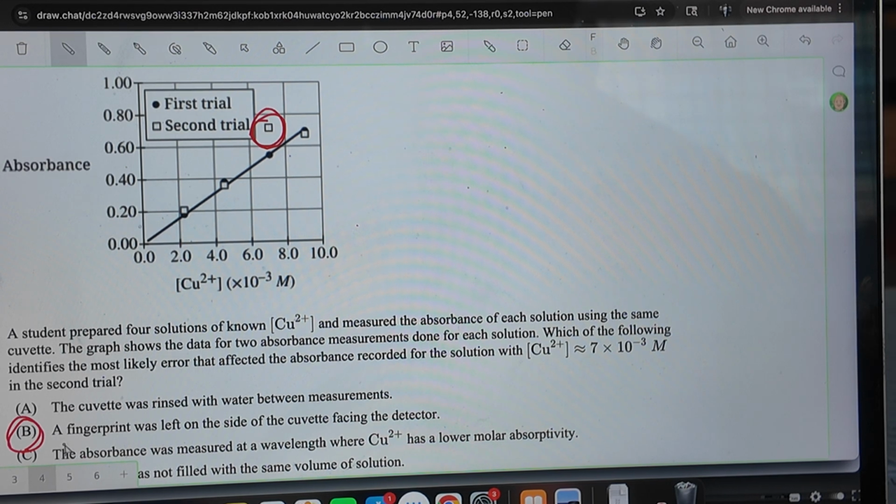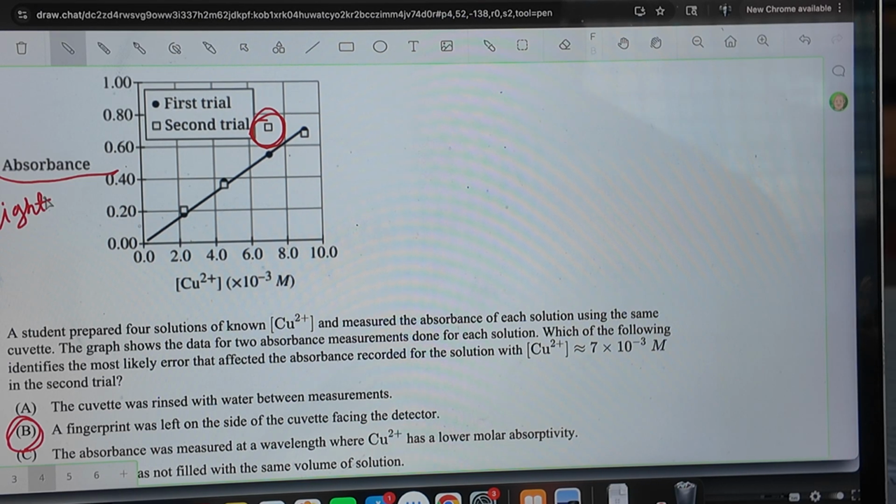Because a fingerprint left outside the cuvette smudges it. So there's less light that goes through. Because remember, with absorbance, light needs to be absorbed, right? So the less light that makes it through to the detector, the spectrophotometer interprets it as it absorbed more light.